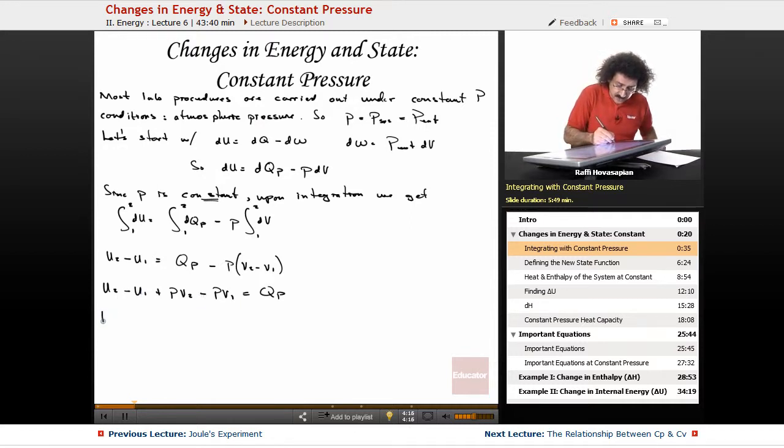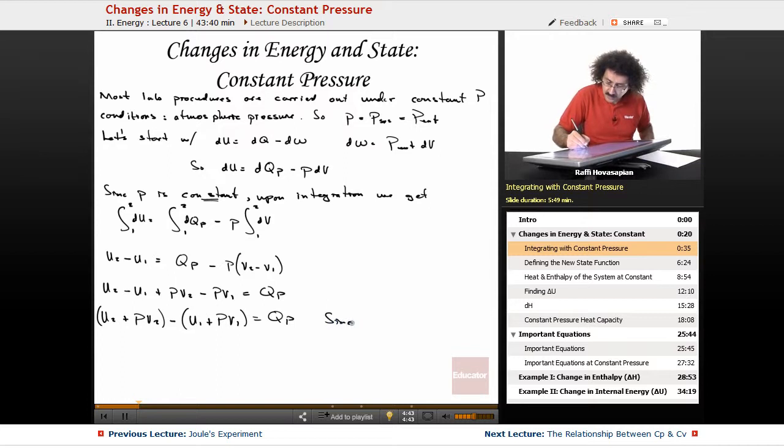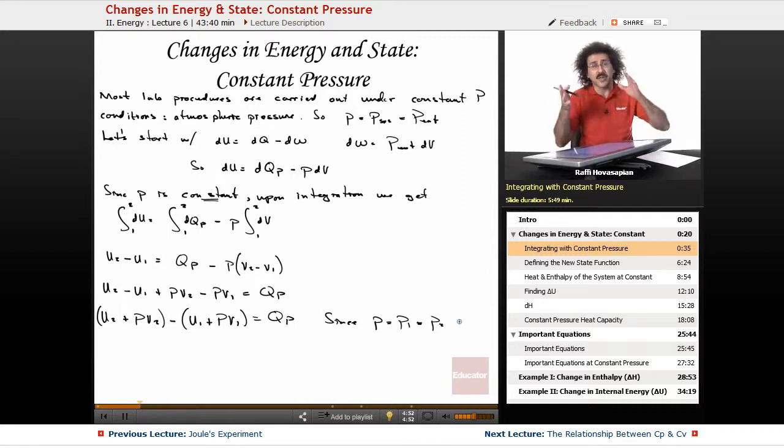So I get U2 plus PV2 minus U1 plus PV1, is equal to QP. Since P1 is equal to P2, the pressure is constant, it doesn't matter. The initial pressure is the same as the final pressure, so we can just call it P.